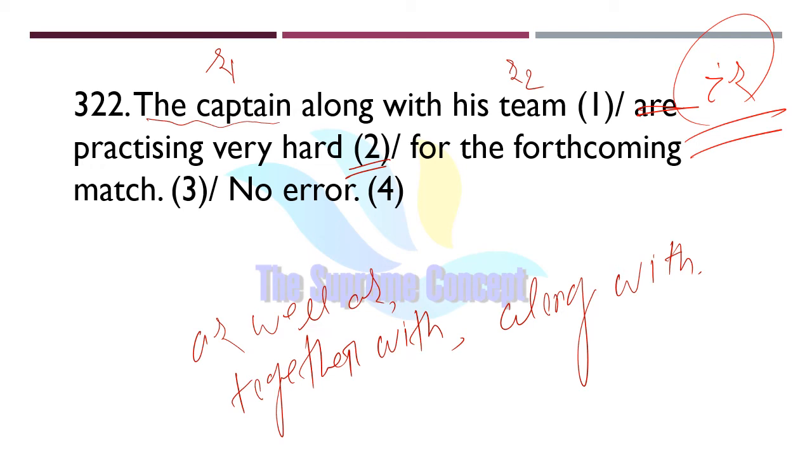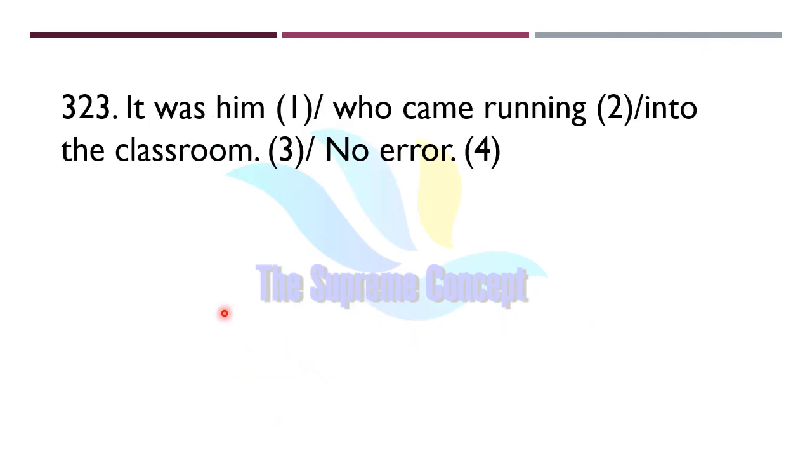Alright, so let us move to the next question. And here it is. So it was him who came running into the classroom. Now spot the error in the sentence. Yes, yeah, so error lies in part number 1 here. See, here it was him is totally wrong. Instead of him we will use he. Okay, so it was he who came running into the classroom, because whenever we consider any subject in a sentence, it must be used in the nominative case.